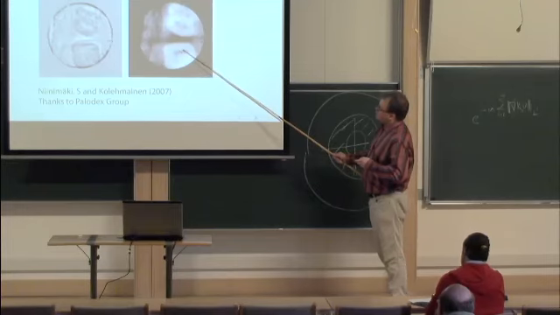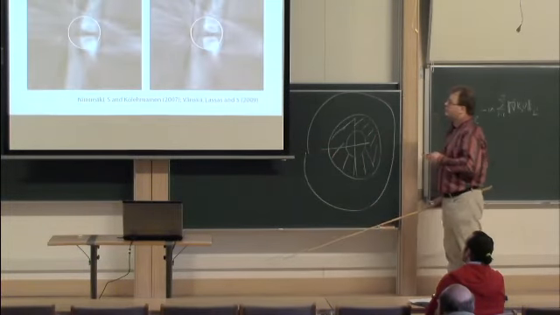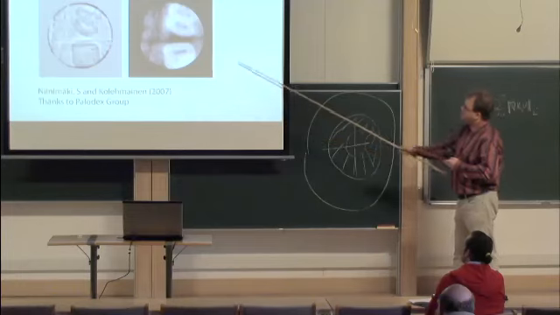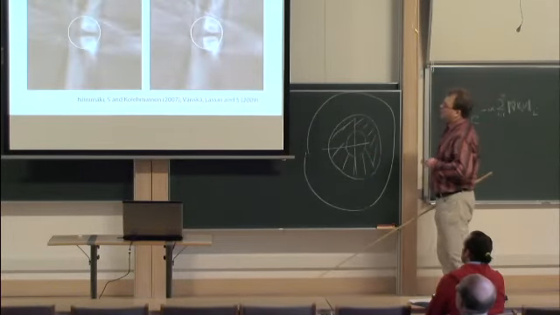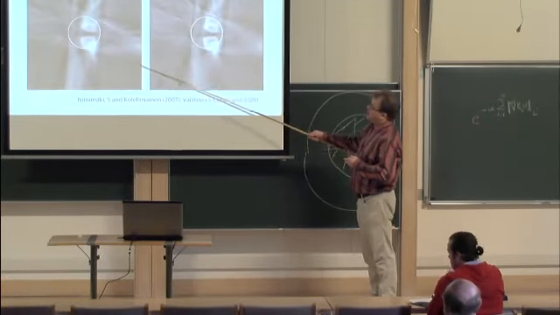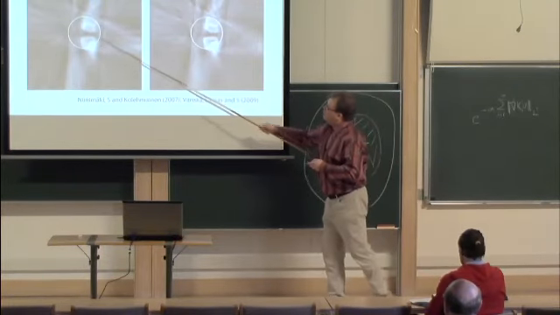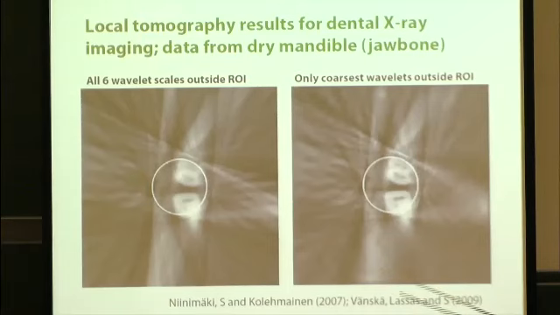And here are Besov reconstructions, which are somehow much better. These are MAP estimates. And also, if one does very coarse modeling outside this region and fine modeling inside, it seems that it's enough to do fine modeling inside this region of interest.